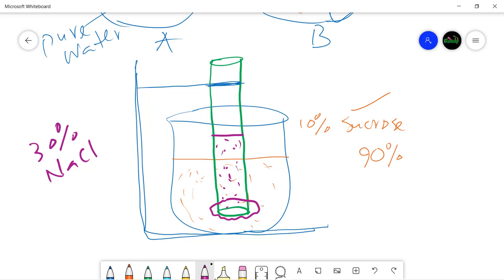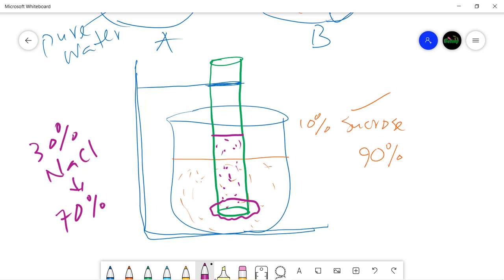Similarly, in case of NaCl, its chemical potential has decreased from 100% to 70%, because 30% of solute has made its chemical potential 70%. So we have 90% chemical potential in the beaker and 70% chemical potential in the tube.